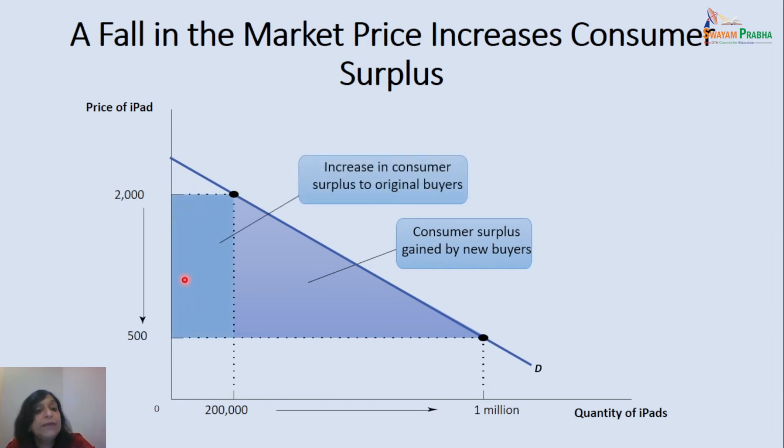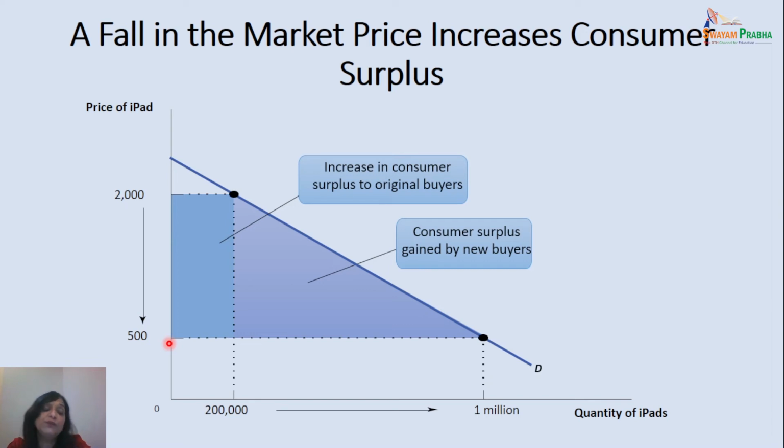Apart from this, people who were earlier buying at 2000, when the price is reduced to 500, their surplus will also increase. So this will lead to an increase in the total consumer surplus in the market.